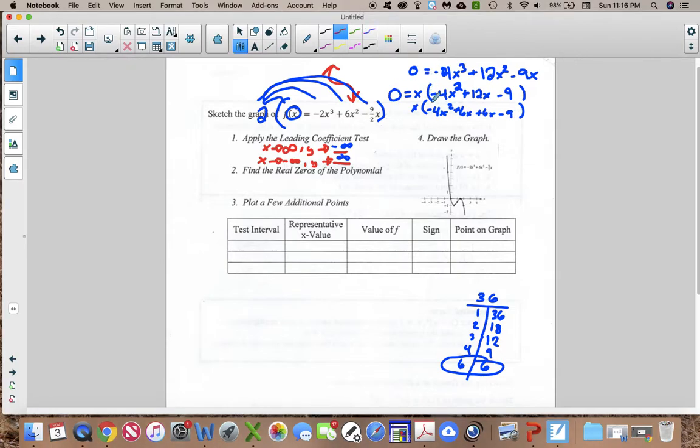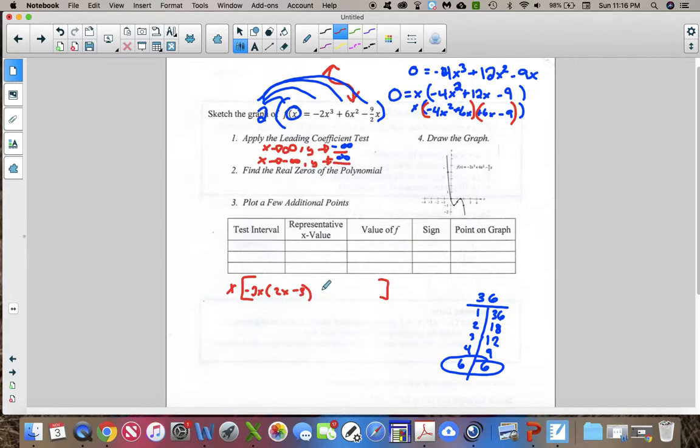So I'm going to group the first two and group the second two. Now this is going to look kind of funny with that x off to the side, so I'm going to do x and then a bracket, so this doesn't look so weird. What can I pull out of the first piece? Negative 4x squared plus 6x. I can pull a negative 2x out, and left over is 2x minus 3.